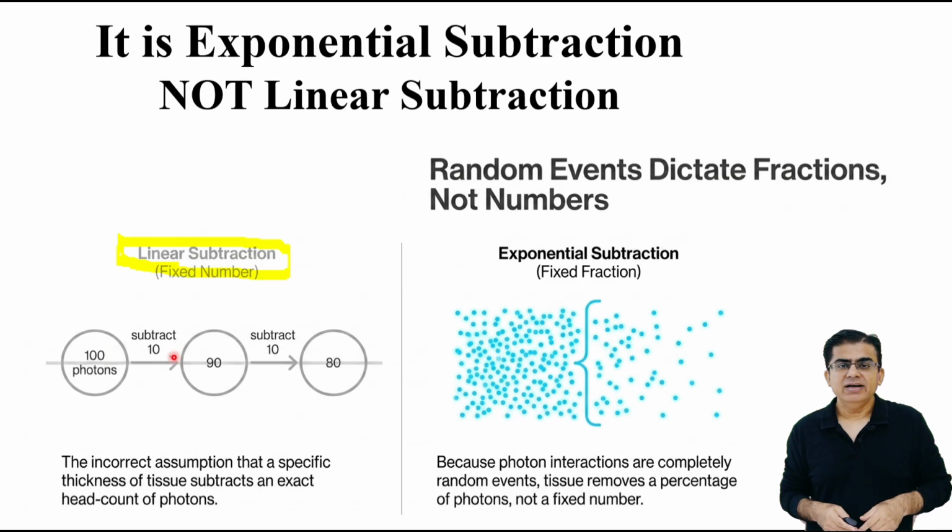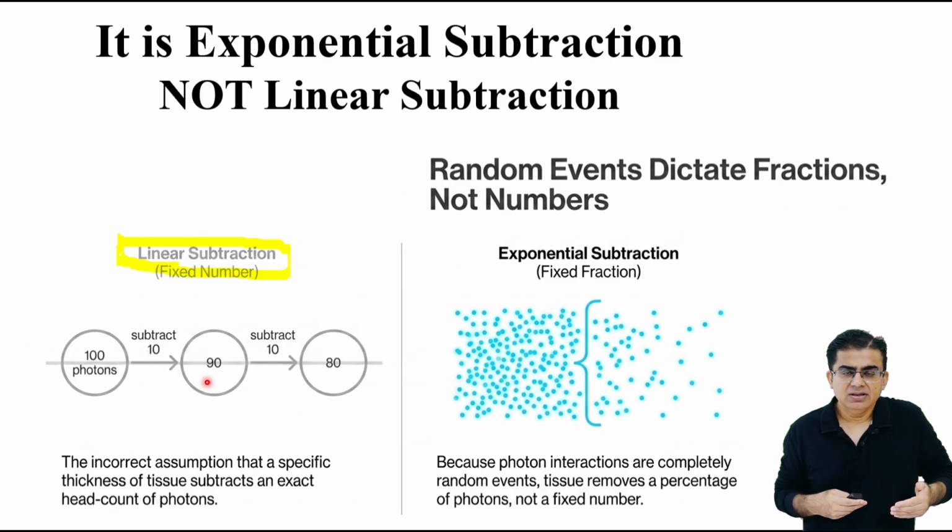So 100 minus 10 leaves you with 90 photons. Now here is the mistake a beginner makes. They think that the next 1 centimeter will subtract exactly 10 photons again.